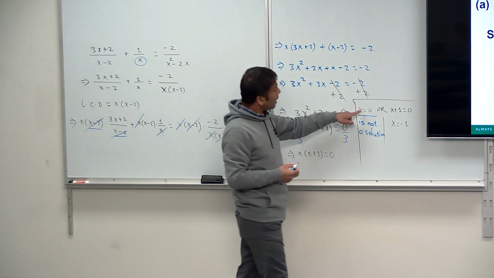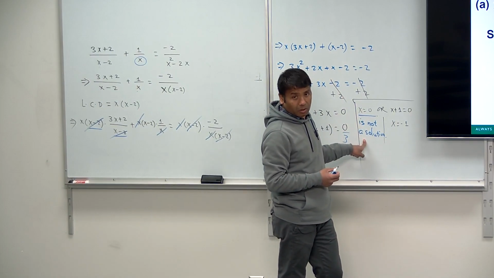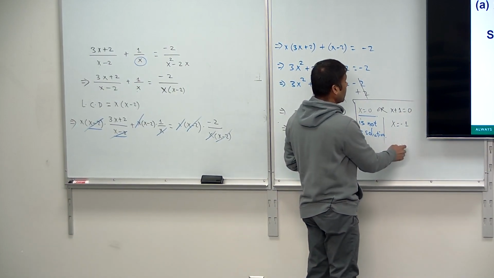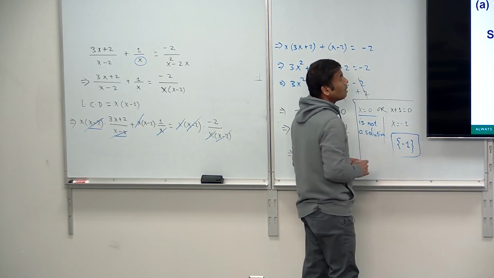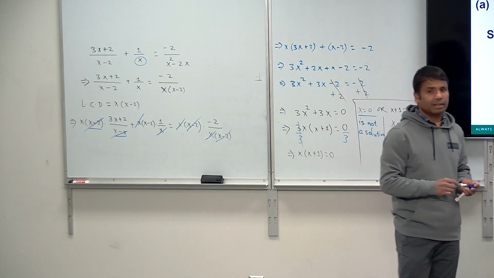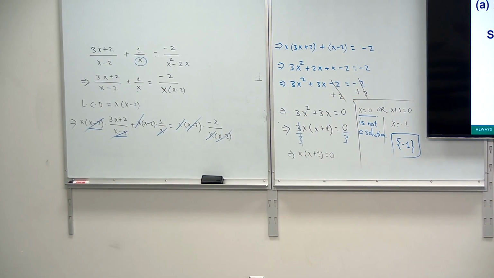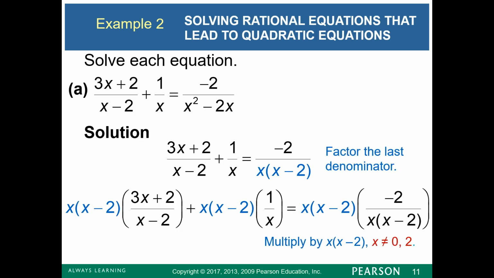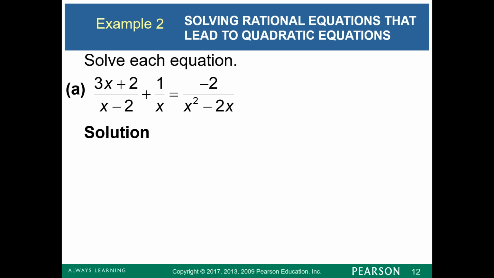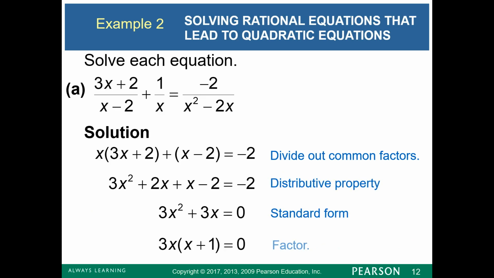So we got the value of x equal to 0. So this 0 is not a solution. So now the solution must be what? Negative 1. Did that make sense? You see that?